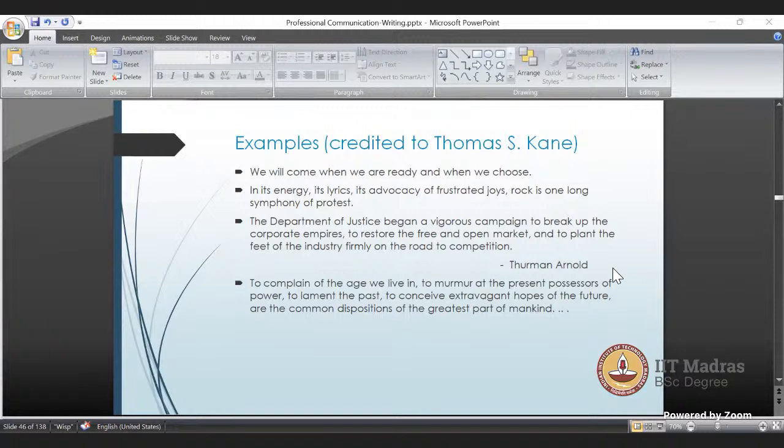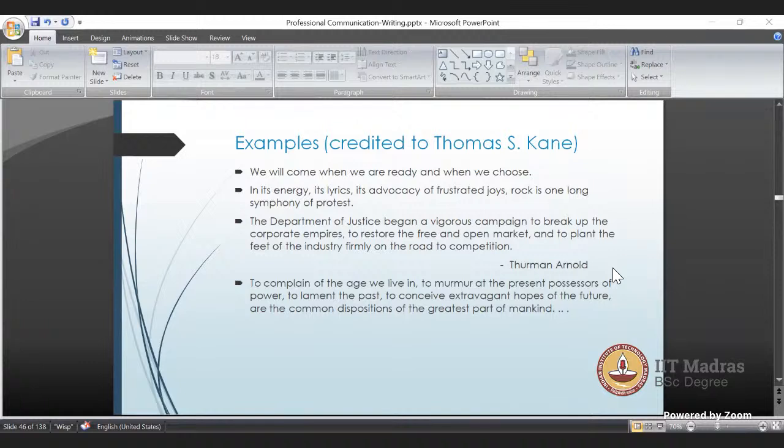Vigorous campaign, right? The vigorous campaign is the one being referred to by all three parallel constructions: to break up the corporate empires, to restore the free and open market, and to plant the feet of the industry firmly. All three have similar grammatical constructions with the to-infinitive form of the verb: to restore, to break, to plant.